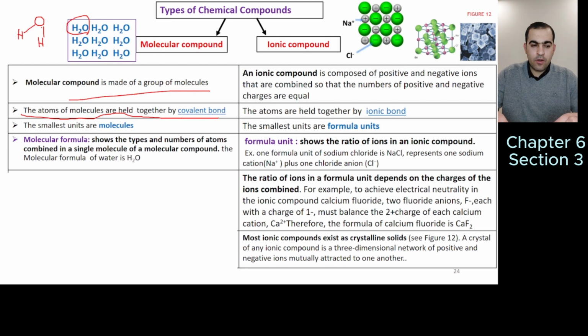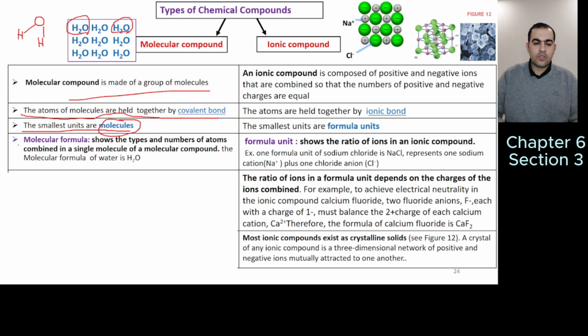So a group of molecules together make a molecular compound. We learned this. The smallest units of molecular compounds are molecules. Here this is H2O. A molecule is the basic unit of molecular compounds.